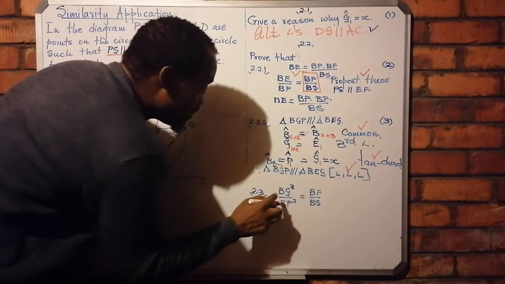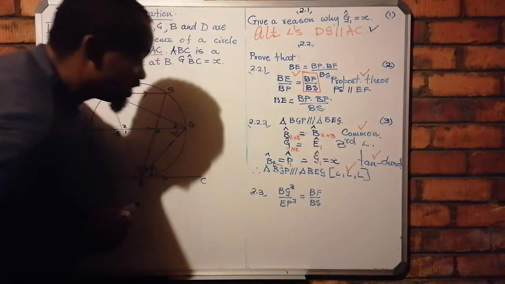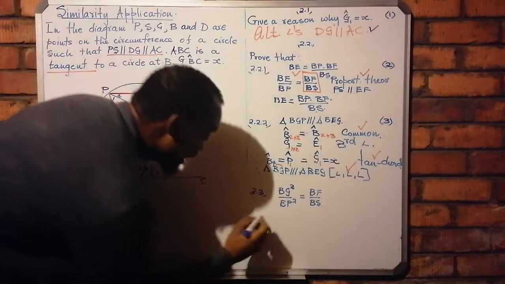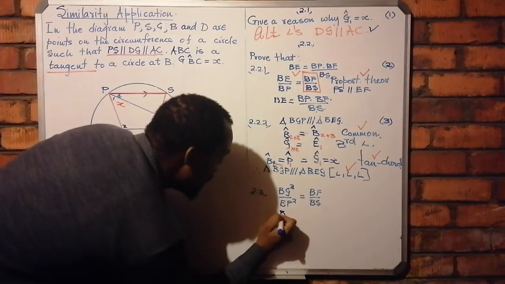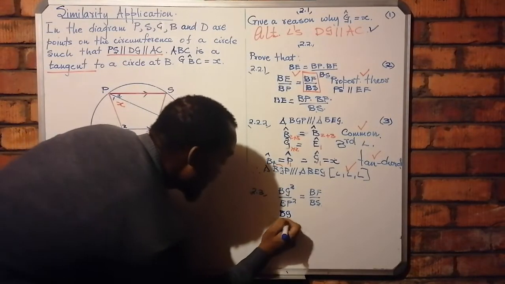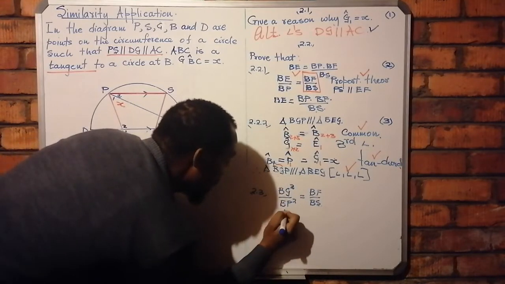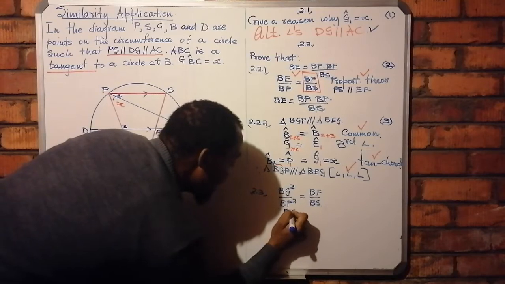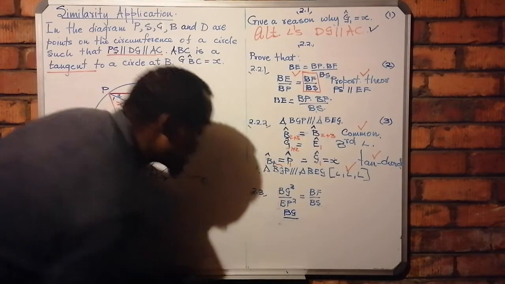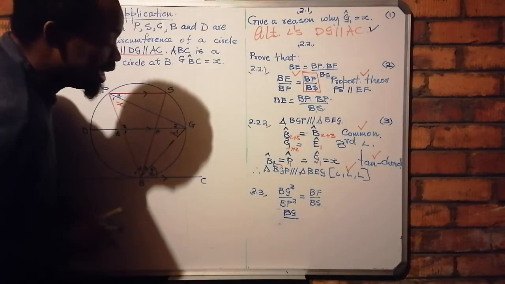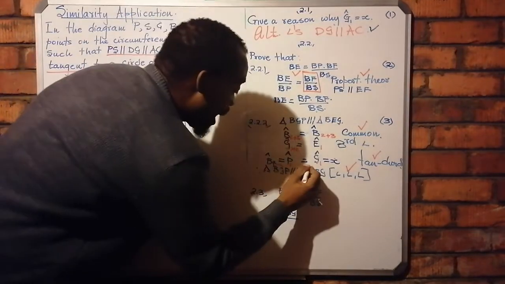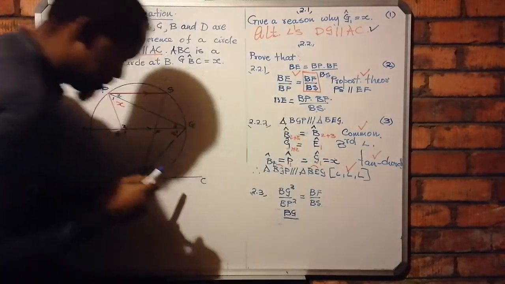I can now say BG because I've got BG there. I can say, therefore, BG divided by, let's write BG beautifully, BG divided by BE.